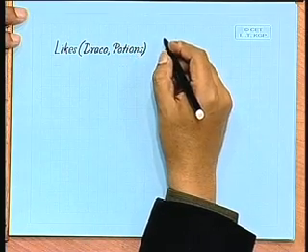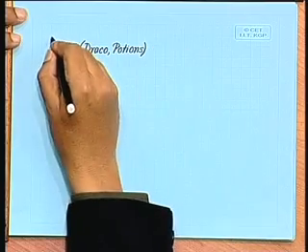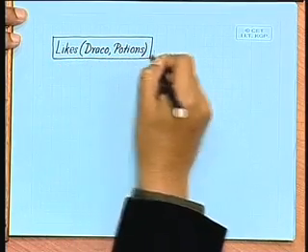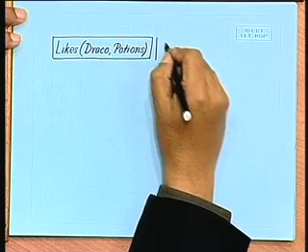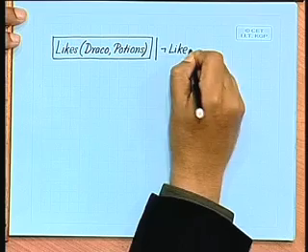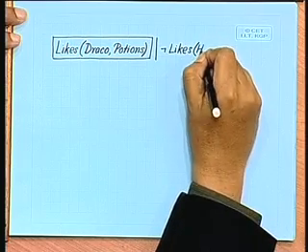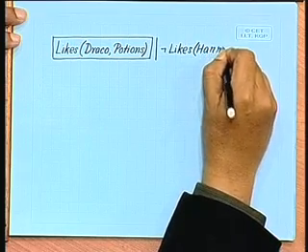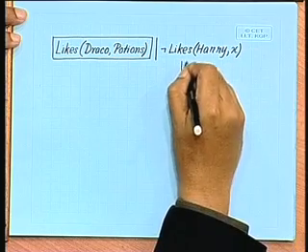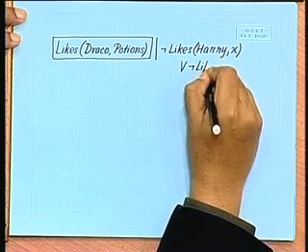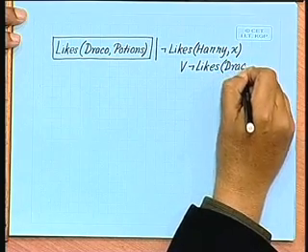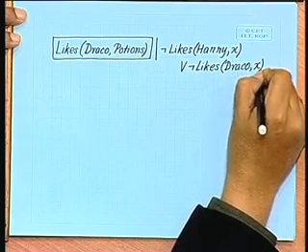This is one clause, and then we have not likes Harry X or not likes Draco X.